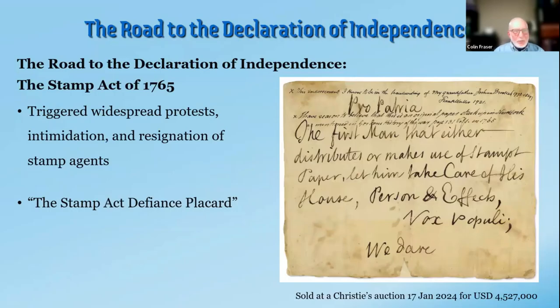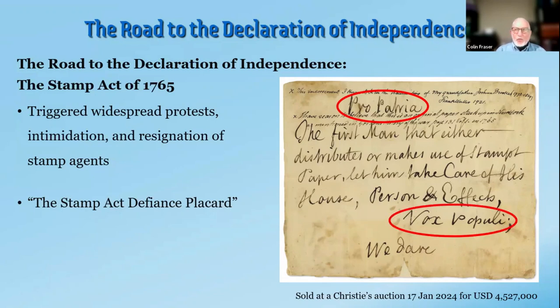The pushback is exemplified wonderfully by this Stamp Act defiance placard, and it was penned by someone that up on top declared pro patria, for the fatherland, and the text generally reads, the first man that either distributes or makes use of stamped paper, let him take care of his house, person, and effects.